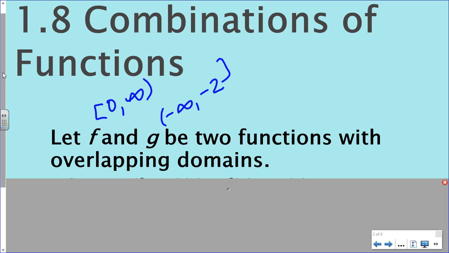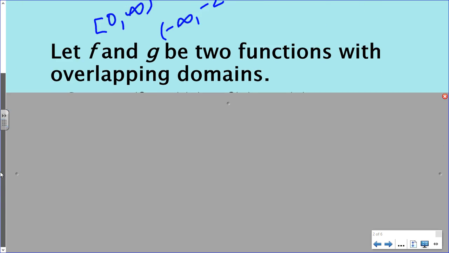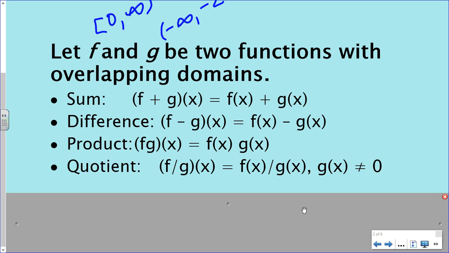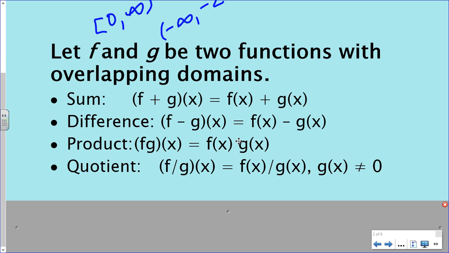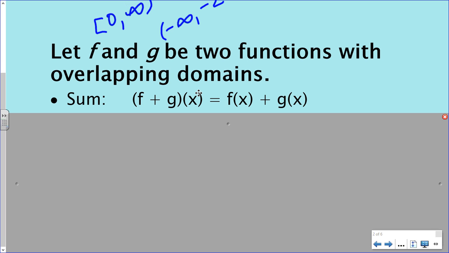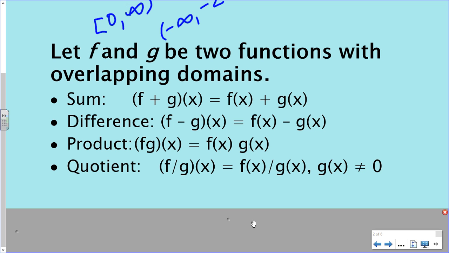Okay, so I know that you know how to add, subtract, multiply, and divide. But what I want to show you is the notation that may be different from what you've seen. So like the sum, that f plus g of x, just means you're adding f and g together. It just looks a little funky. Same thing with the rest of these.